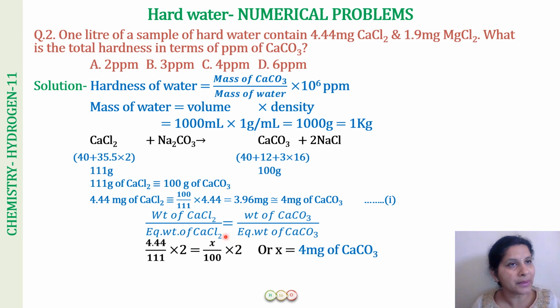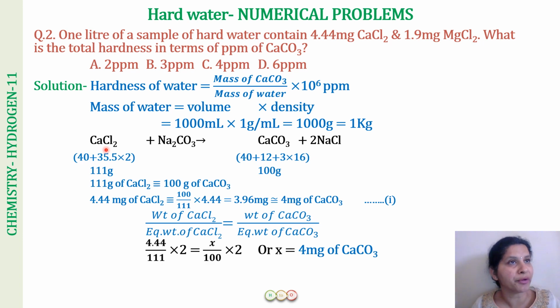For the equivalent concept, the advantage is that you need not know the reaction. You can just say that in the reaction, 1 equivalent of calcium chloride is going to give us 1 equivalent of calcium carbonate, right? And because both of them are calcium, we could even have omitted this 2 over here. We could have simply written the molar mass and proceeded forward. I have written this 2 so that you have a proper understanding of how to find the number of equivalents.